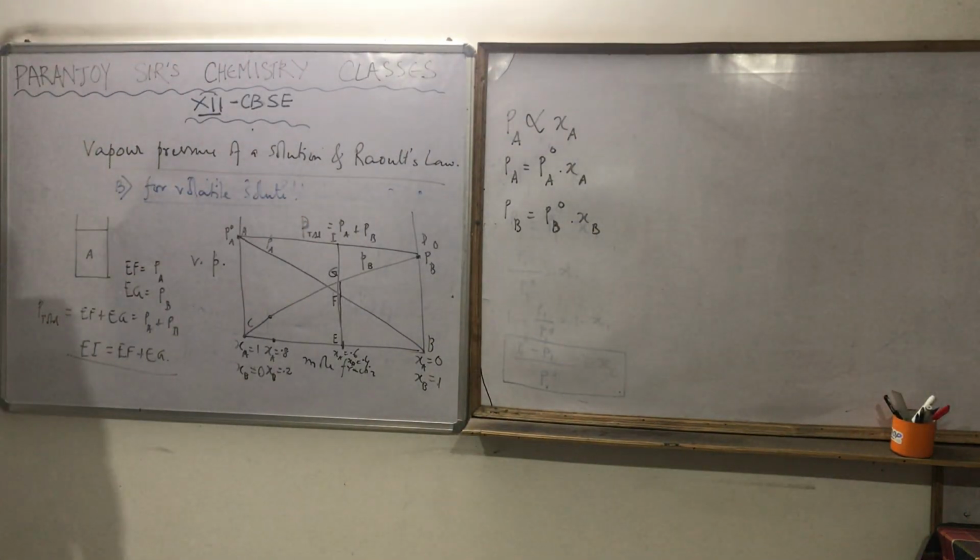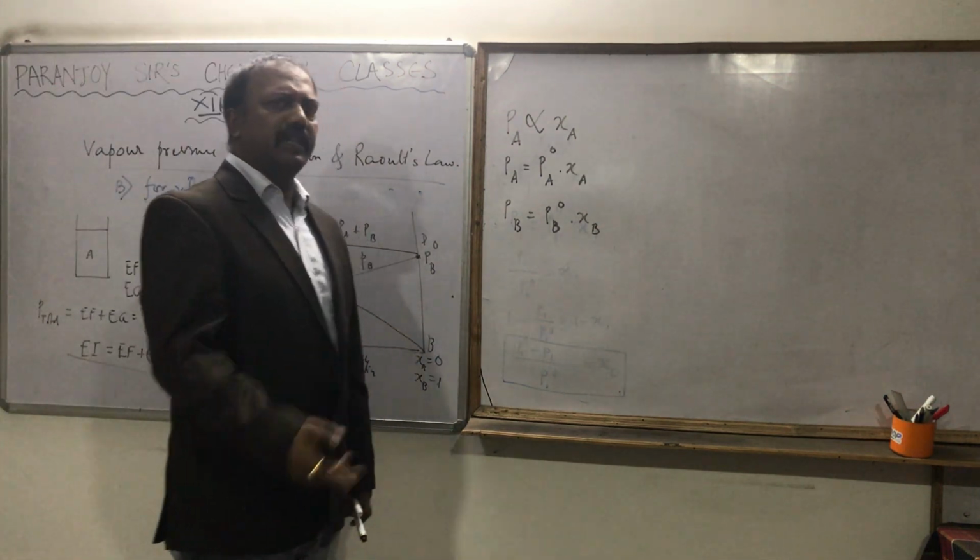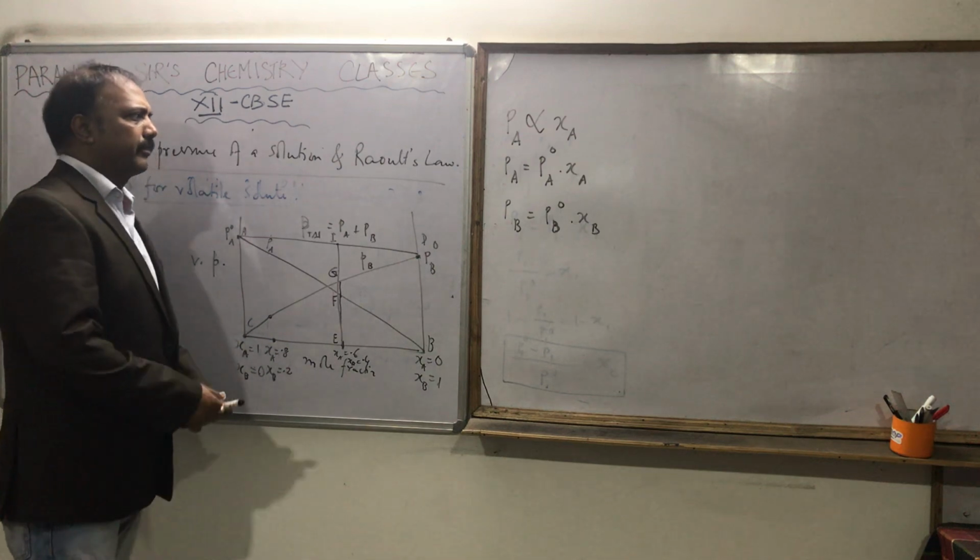Now this solution of the volatile solute we talk about is for the ideal solution. But it's not that every solution is ideal. Most of the solutions are not behaving ideal. Some solutions deviate from ideal behavior.